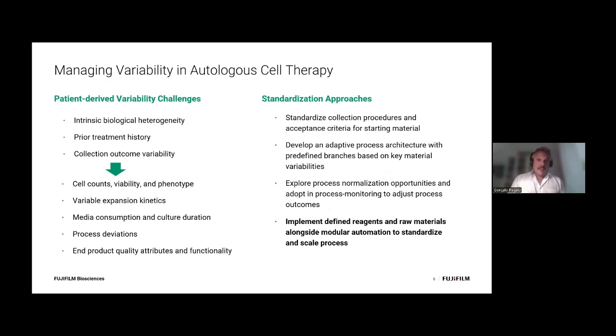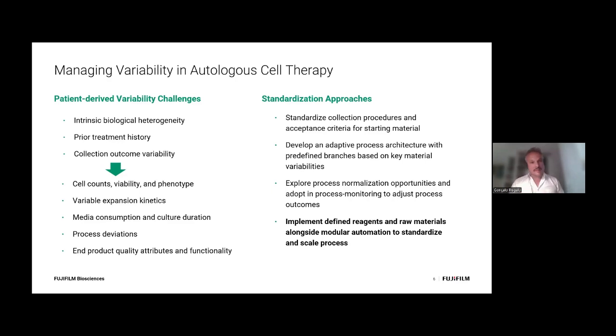Arguably, there are different approaches to cell therapy, so allogeneic, for instance, but clearly autologous cell therapy is a great example of these challenges, right? Because we're talking here about an intrinsic biological heterogeneity embedded in that patient-derived starting material, right?